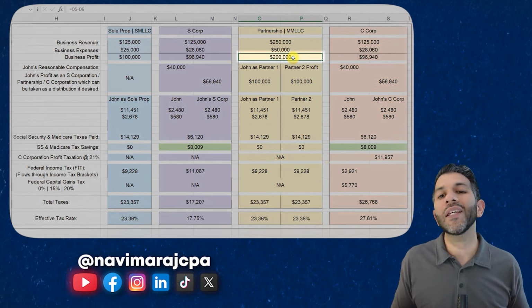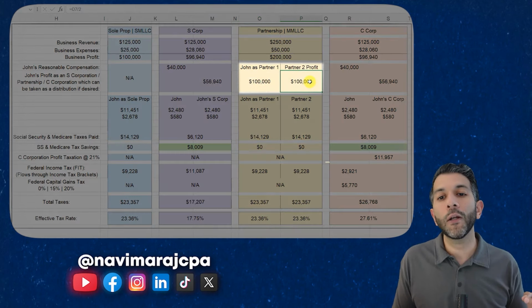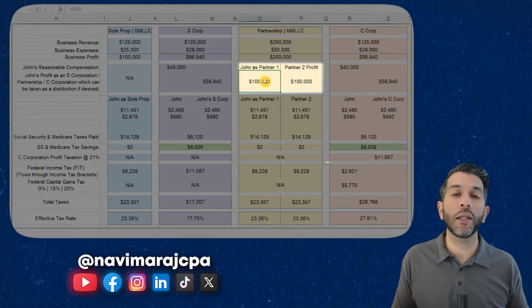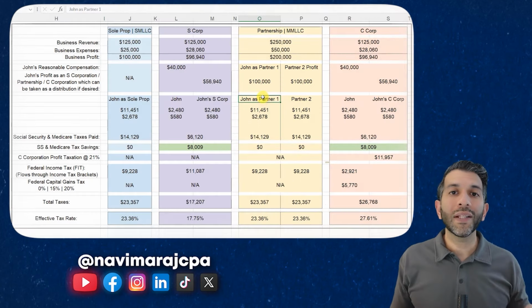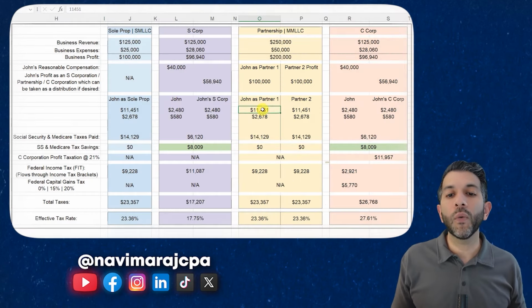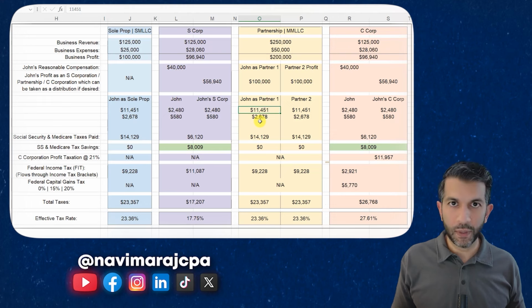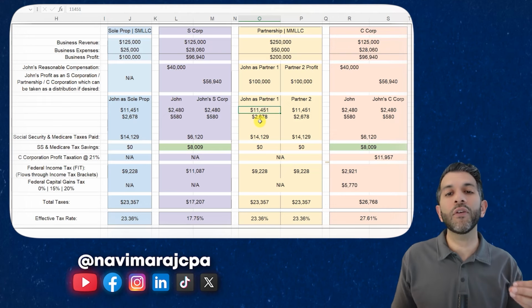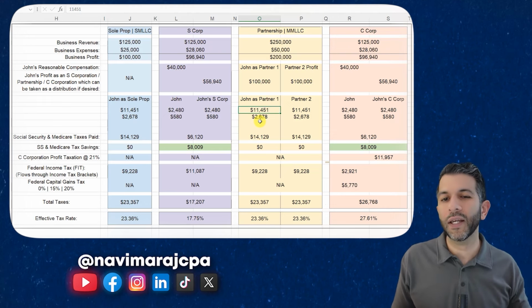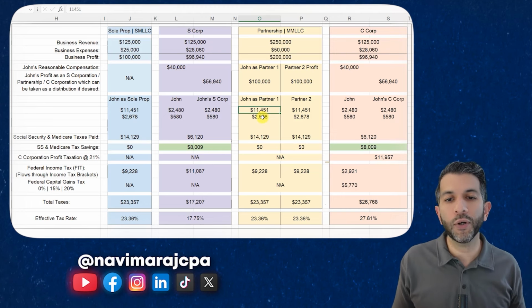Now that profit is split between you, partner one and partner two. I'm going to call you John in this example, okay? You're partner one. So what taxes does John have to pay as partner one? Well, you have to pay self-employment taxes. You might hear that referred to as Social Security and Medicare taxes, but it's self-employment taxes is the technical name when you're a partner in a partnership.